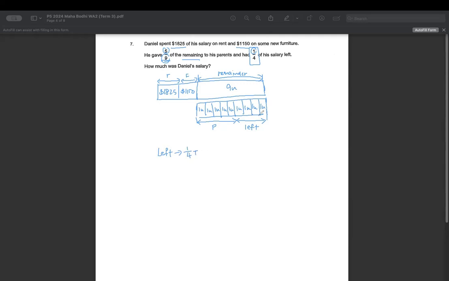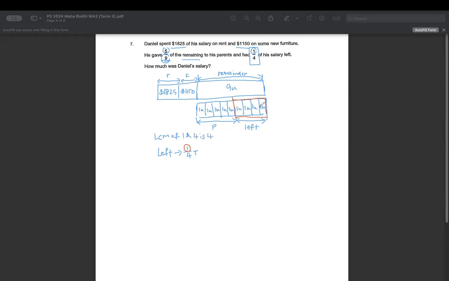So it's 1 unit. But look at our model drawn. Our left here is 4 units, whereas for our fraction here it is 1 unit. So we have to make sure these two, 4 and 1, are the same number. We find the lowest common multiple of 1 and 4, which is 4.